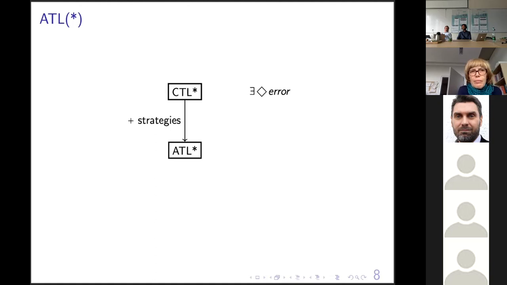So a new logic, alternating-time temporal logic, essentially extends CTL star by adding explicit strategies. In this logic, we can express something like this, which asks, do the agents in the set A have a strategy to enforce that the error proposition is eventually true? So we no longer talk about existentially or universally quantified traces, but about the strategic behavior of agents.